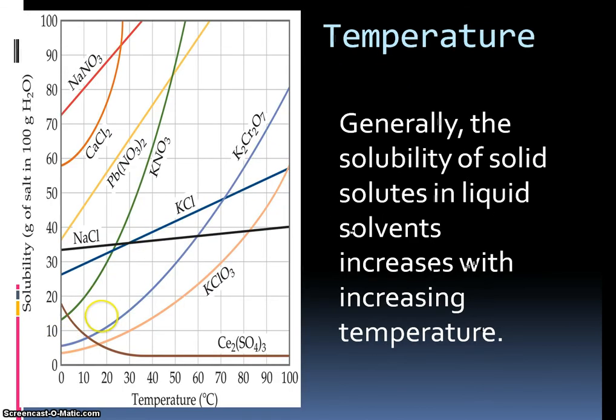Okay, if we look at this chart, this is a chart of general solubilities of solids in a liquid. Most of them, as temperature goes up, increase in solubility. There are a few that are exothermic when they're mixed with water, and they actually become less soluble if you add heat.